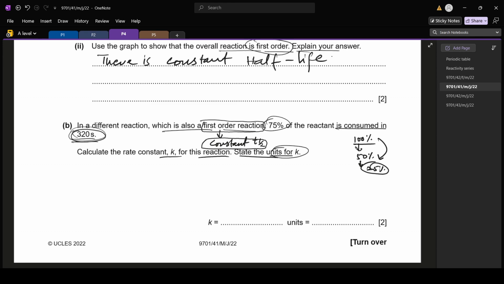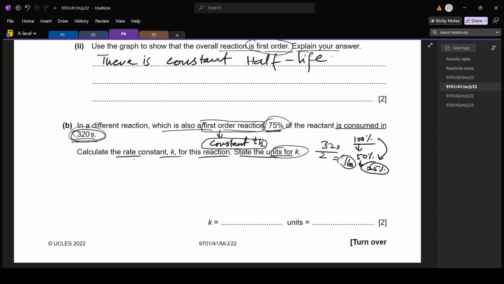There are two half-lives involved, so the half-life of this reaction is going to be 160 seconds.